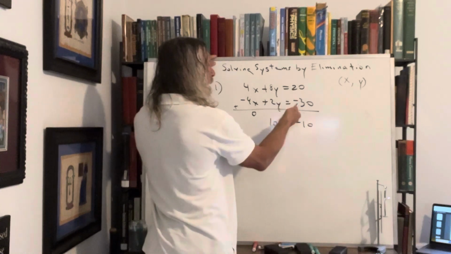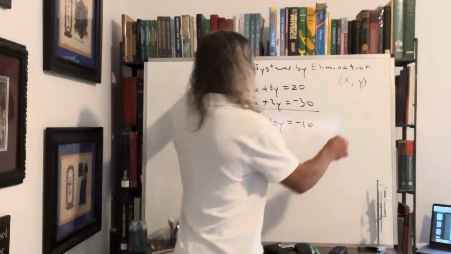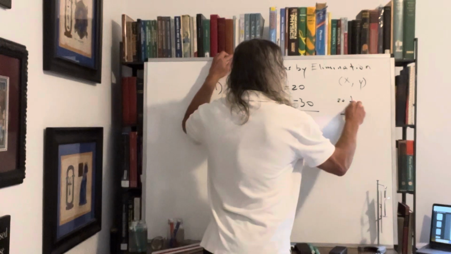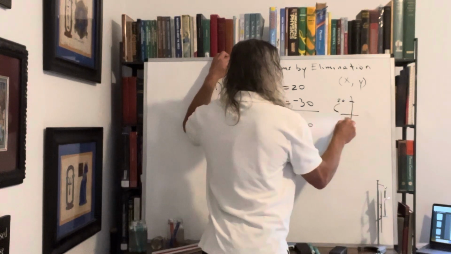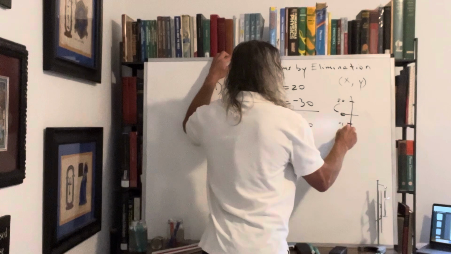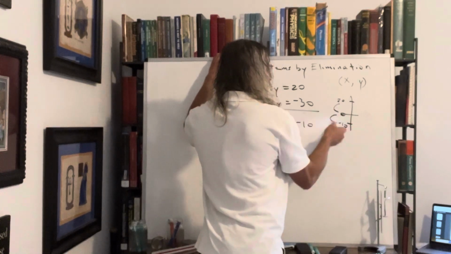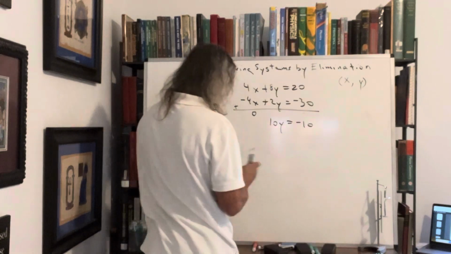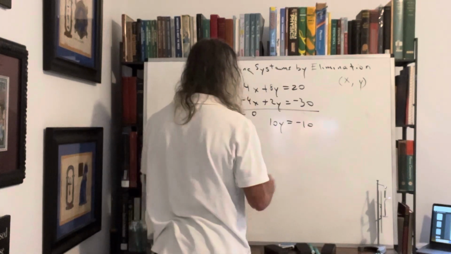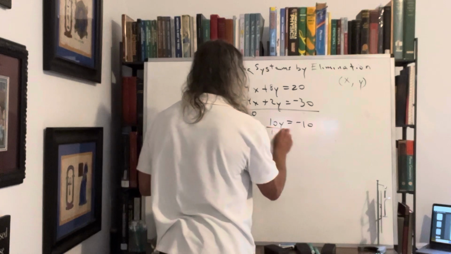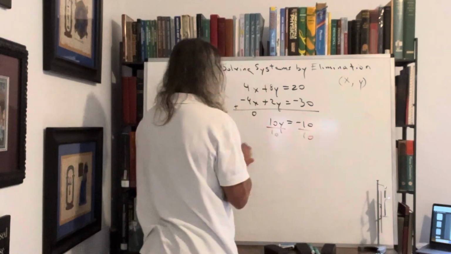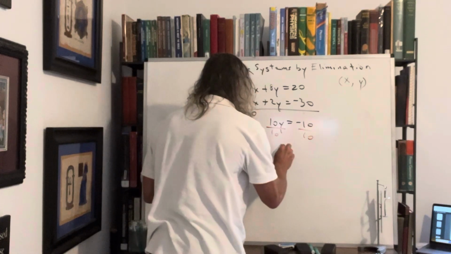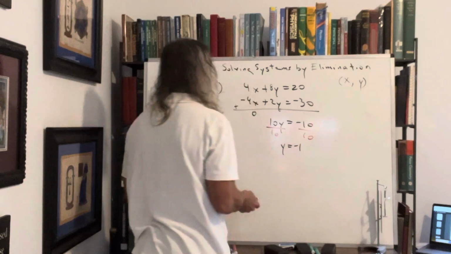The temperature is 20 and it drops 30 degrees. It goes down to 0, then just go down 10 more. 20 and 10 is 30. So -10. Then we divide by 10. Y is -1.